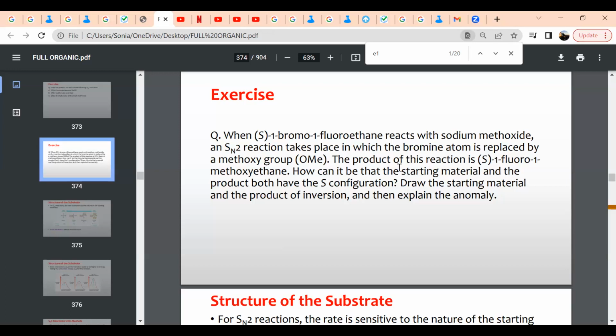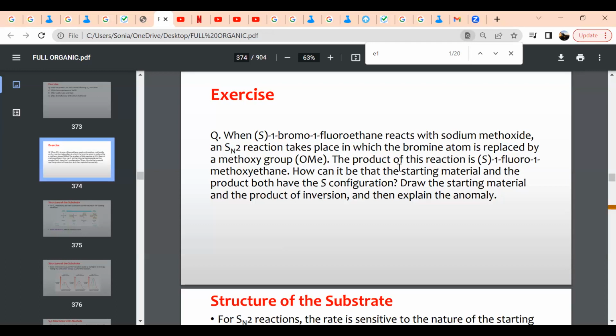Yes? Yeah, so I had seen a similar example. Apparently, it doesn't change configuration because the priority of the groups changes. They're not the same priority as in your reactant.